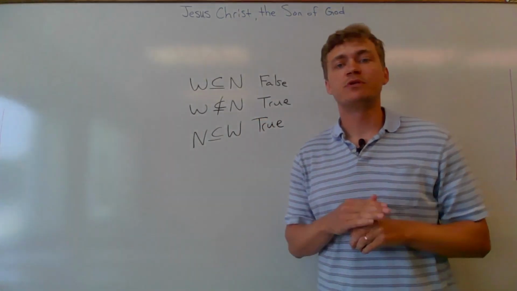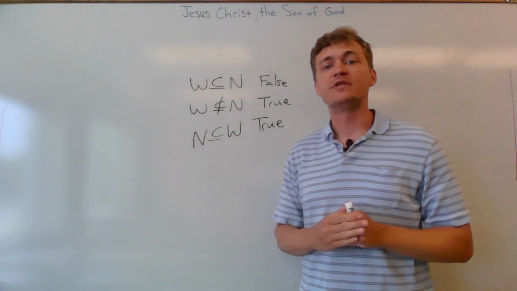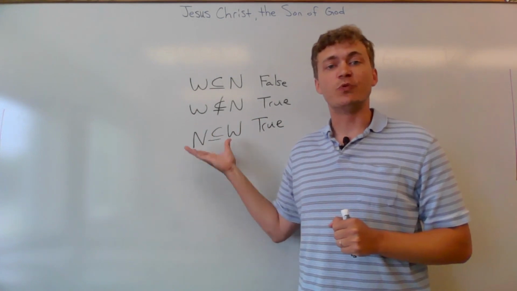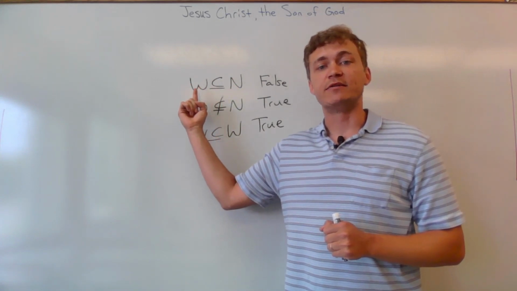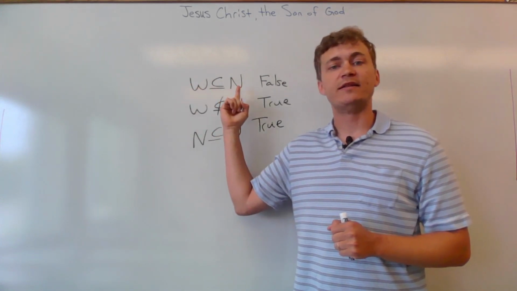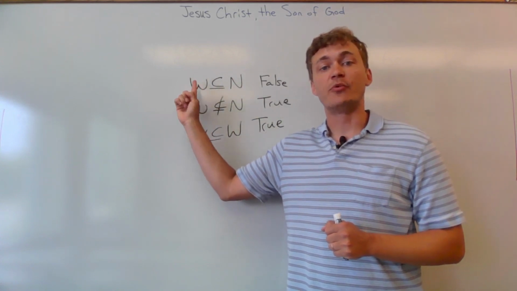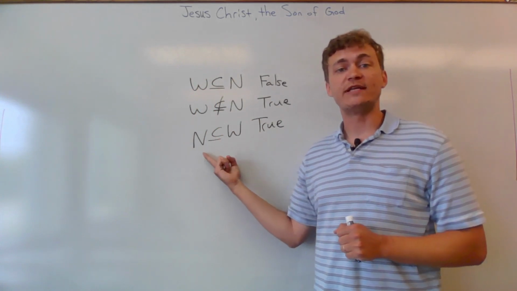The natural numbers, 1, 2, 3, 4, 5, and so on, are found within the whole numbers, 0, 1, 2, 3, 4, 5, and so on. So this is true, whereas the other is false. Note that the whole numbers contain 0. 0 is not in the set of natural numbers. So that's why we have found a counterexample of a number being in one set that is not in the other. But if you switch them, you get something that's true.